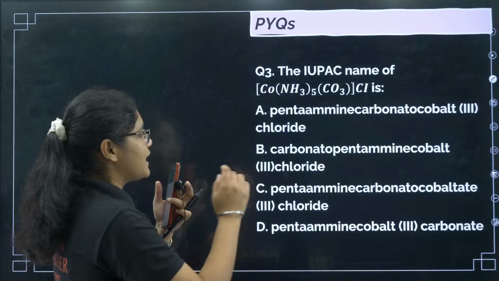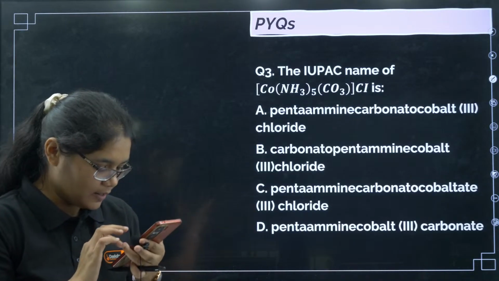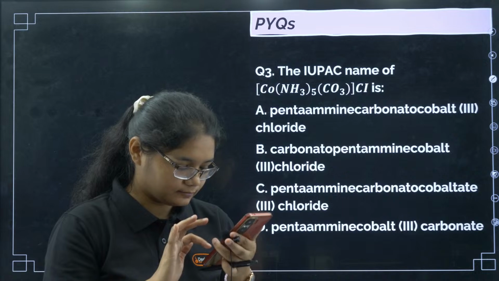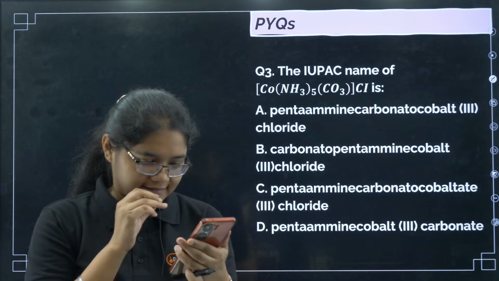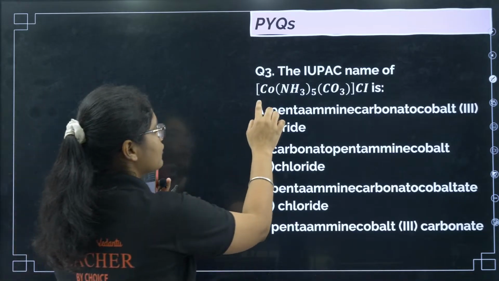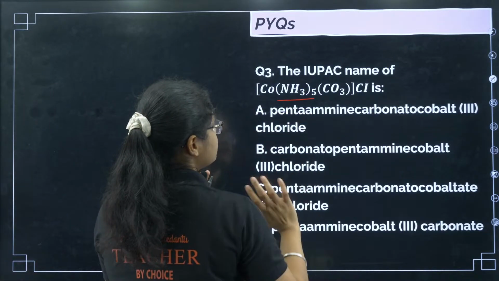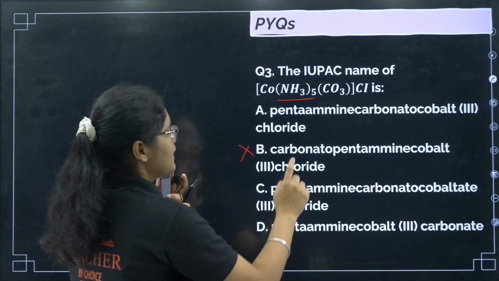So what is the IUPAC name of the given compound? Students, please answer the question. So I need pentaammine, right? So the first option I can eliminate, the other three options are correct.